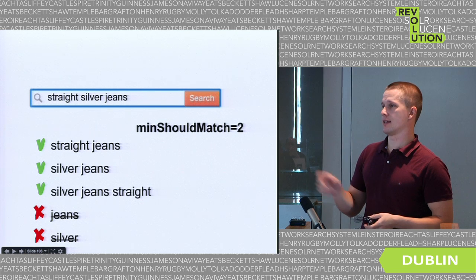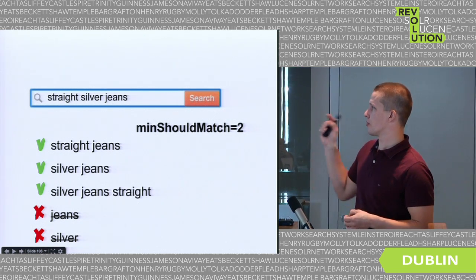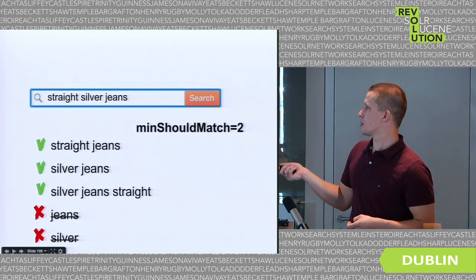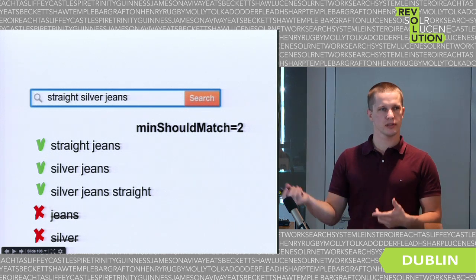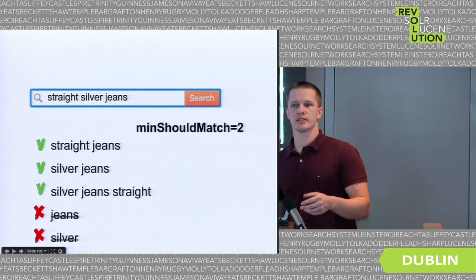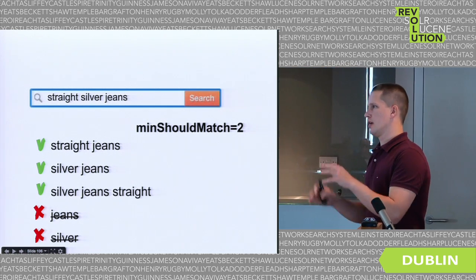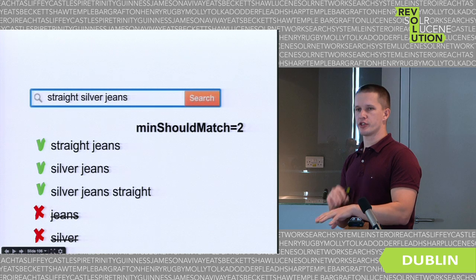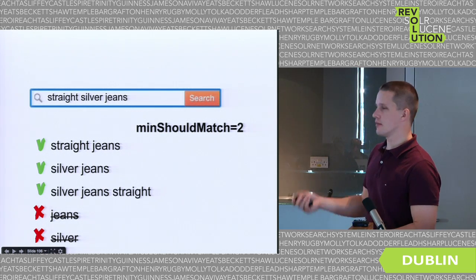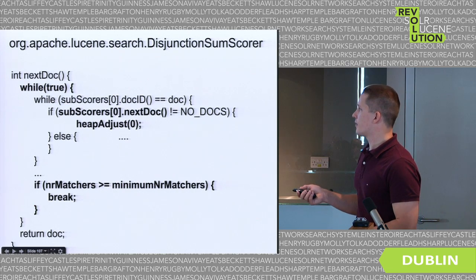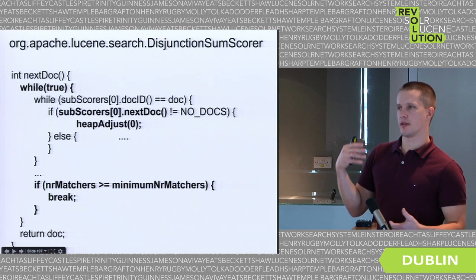IndexSearcher has an additional method which accepts a filter in addition to the query and collector, and you can see what it does internally: it wraps the query and filter in a FilteredQuery, which is just a specialized form of conjunction. It provides a more efficient intersection between the query and the given filter, and it also provides a few strategies to do it in the best way.